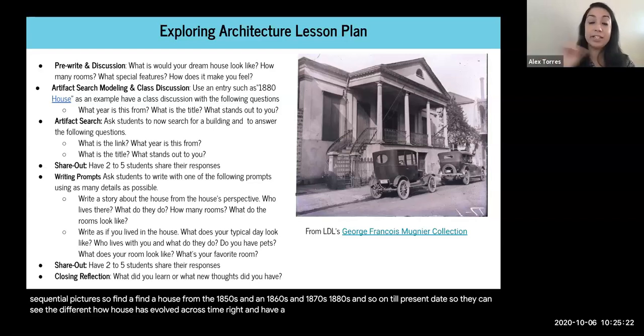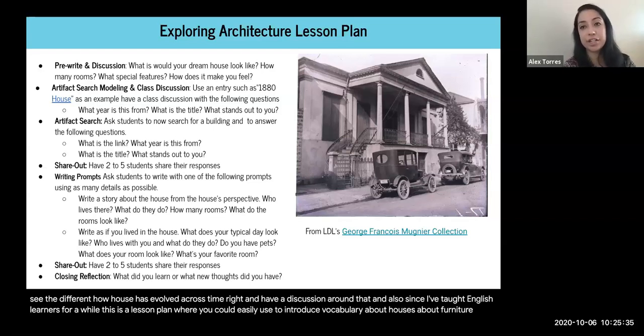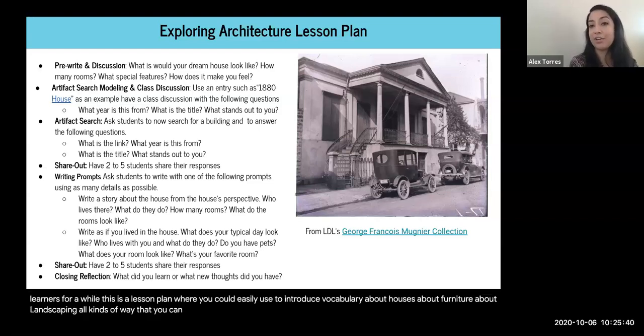And have a discussion around that. Also, since I've taught English learners for a while, this is a lesson plan you could easily use to introduce vocabulary about houses, furniture, and landscaping, all kinds of ways that you can get creative, again focusing on what's in these archives.